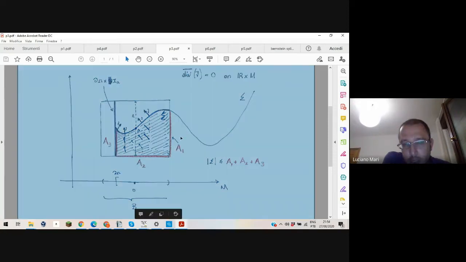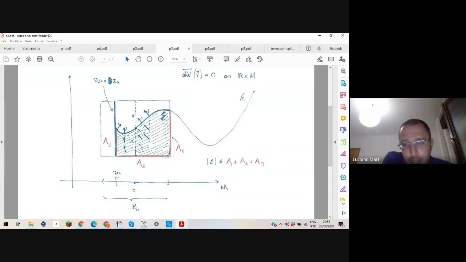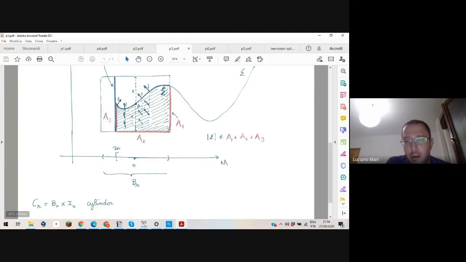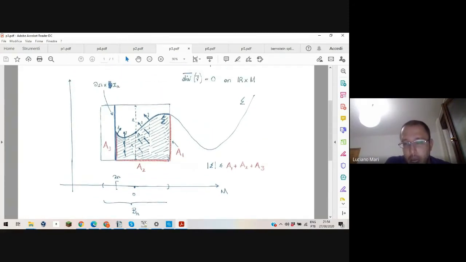Now, what is the measure of sigma inside of the cylinder CR? CR is the name of the cylinder, BR cross IR. A1 is the boundary of the ball of radius r inside of a manifold with quadratic decay of the Ricci curvature, so A1 grows like a quadratic exponential.